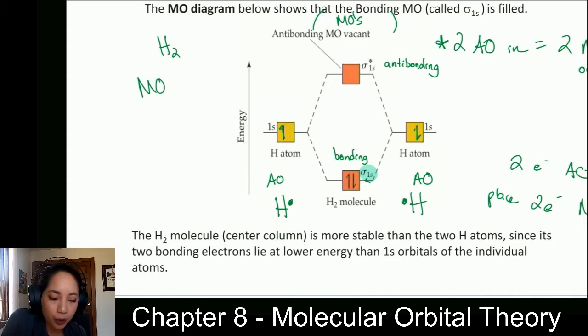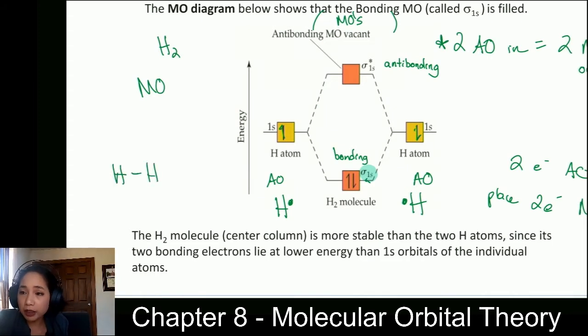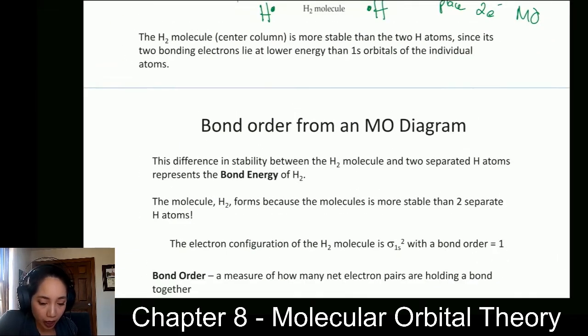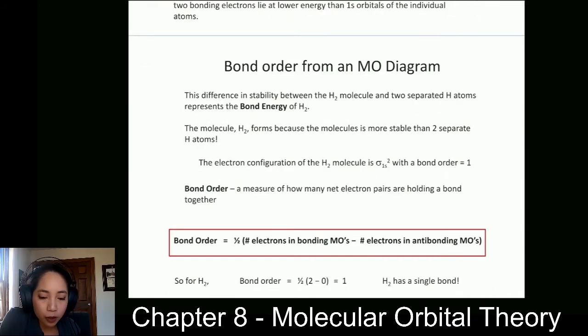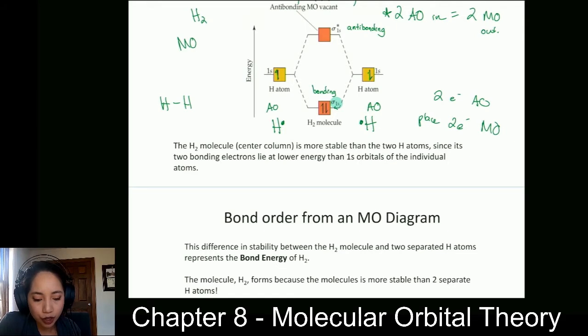I mean, we know when we draw out the Lewis structure of diatomic hydrogen that it's a single bond, but with the MO diagram, we can also calculate that it's a single bond. And so when we form the diatomic hydrogen molecule, what I want you to note here is that the bonding orbital, this bonding interaction, is even lower in energy than our atomic orbitals of hydrogen because of the constructive interaction between those two atomic orbitals.